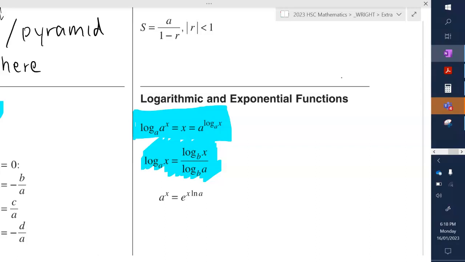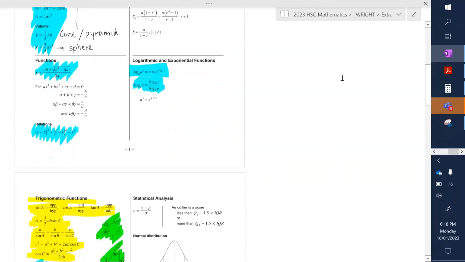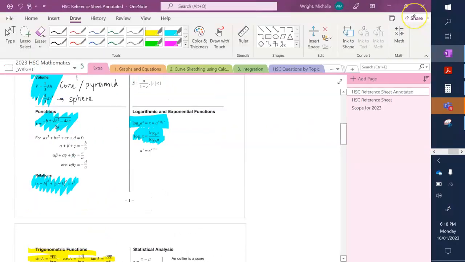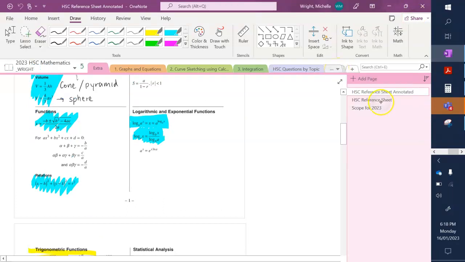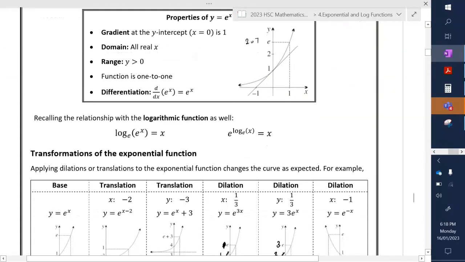It is also equal to a to the log of x, and we're given these two as well, the change of base formulas. So they're formulas that we're given, and we don't need to memorize those. Let's jump back into exponentials and logarithms.